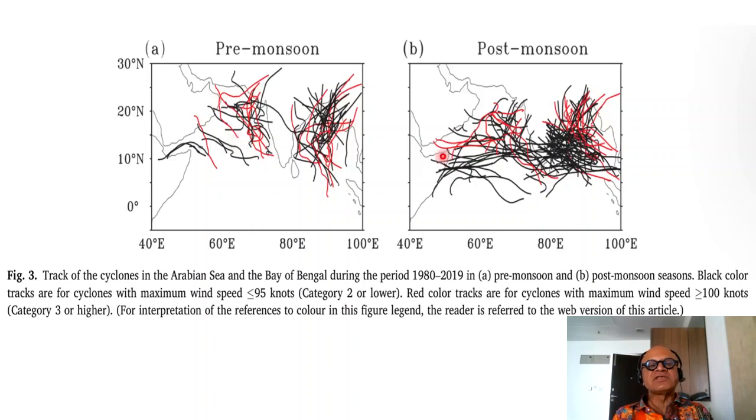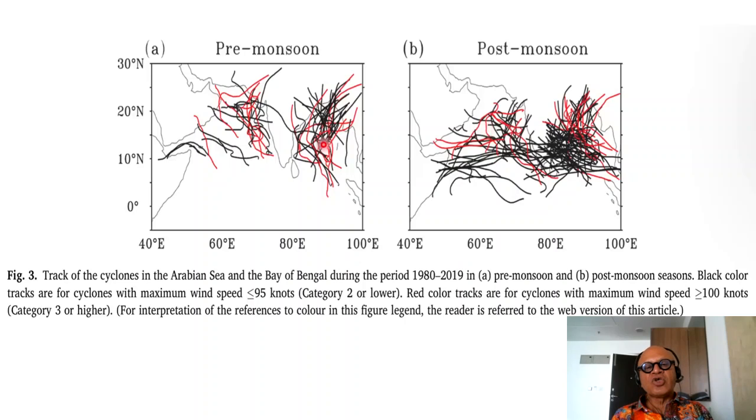Okay, so you can see that pre-monsoon has fewer numbers of cyclones, especially over the Arabian Sea, and there's been a paper by Murakami and the GFDL group showing that the anthropogenic warming is increasing the post-monsoon cyclones in the Arabian Sea a lot.